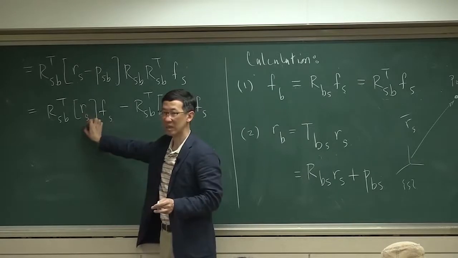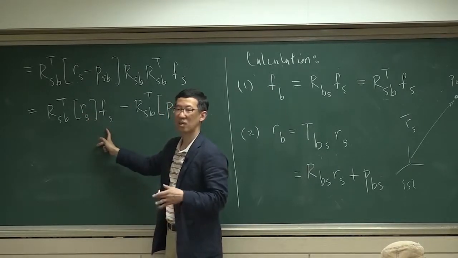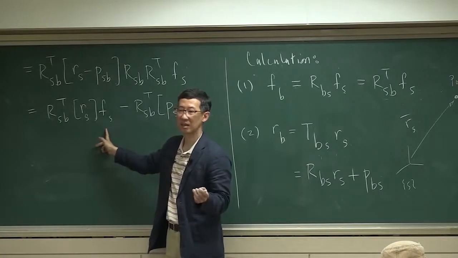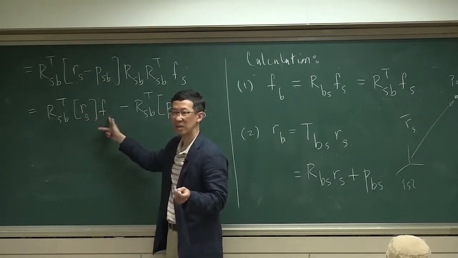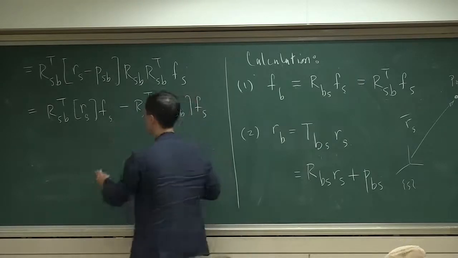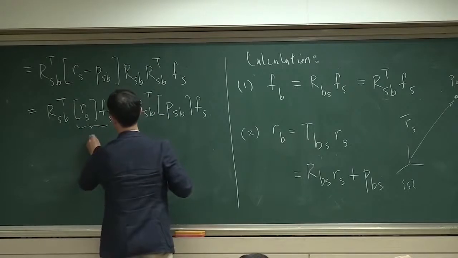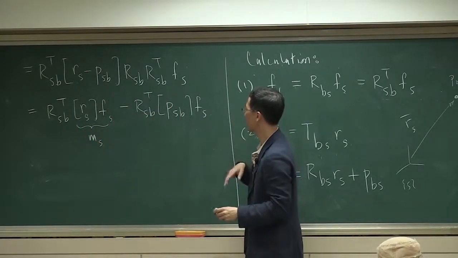R_S skew-symmetric times F_S. That's a cross product. Okay, that's R_S cross F_S, which you agreed was M_S. Okay, so this is M_S.